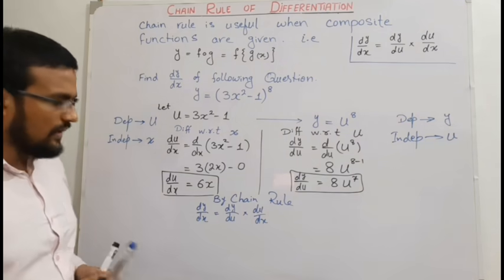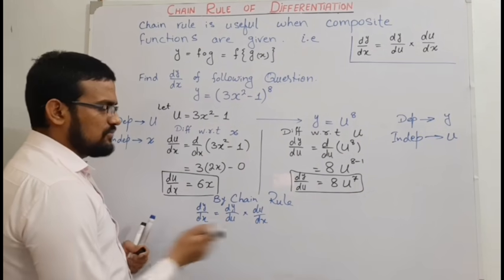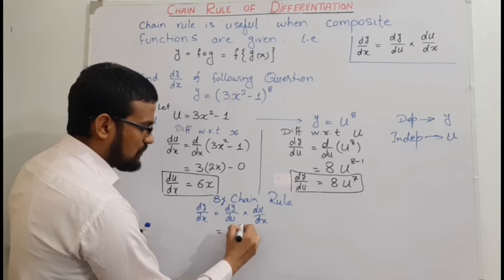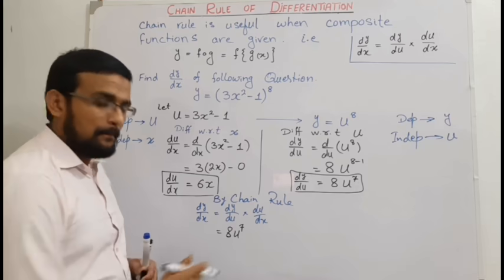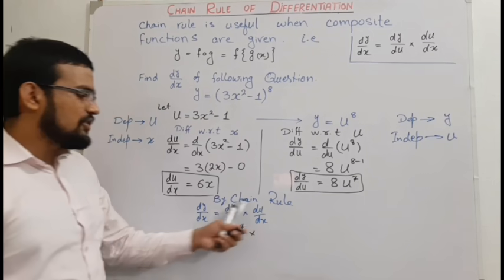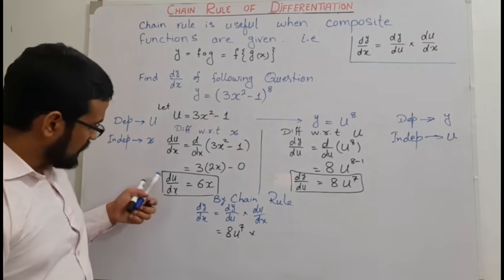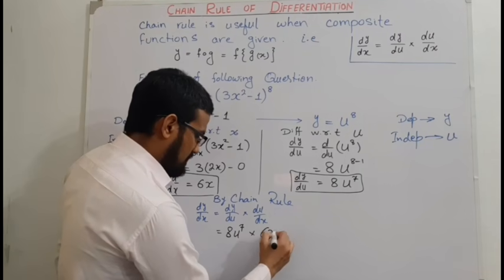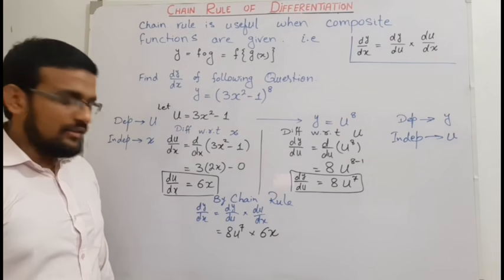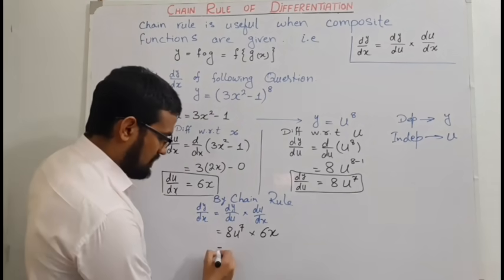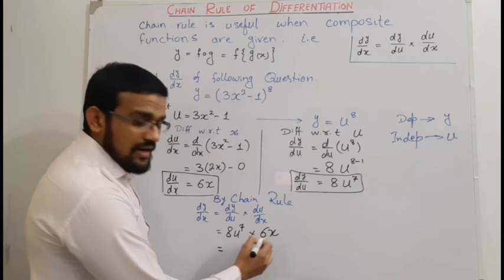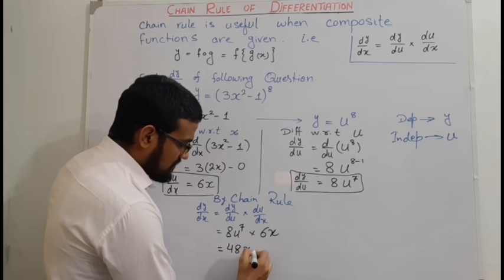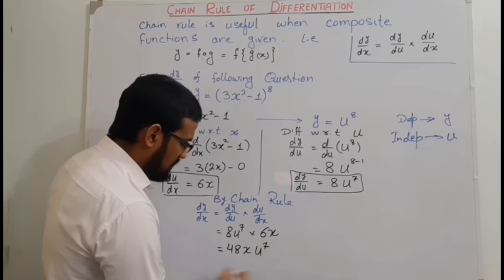Finally, putting the value, dy over du is 8u raised to power 7, multiplied with du over dx. Students, the value of du over dx is 6x here, and then the final result is 8 times 6, which is 48x and u raised to power 7.